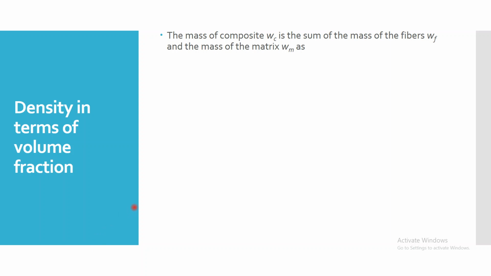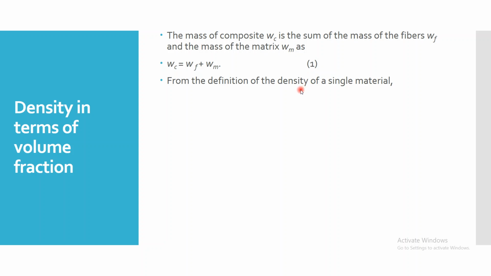In order to know that, let's take the help of the previous relations that we adopted. The mass of the composite is nothing but the mass of fiber plus the mass of matrix, that is WC is equal to WF plus WM. Let's call this equation number 1. Next, we know from our basic fluid mechanics properties that density is mass by volume.